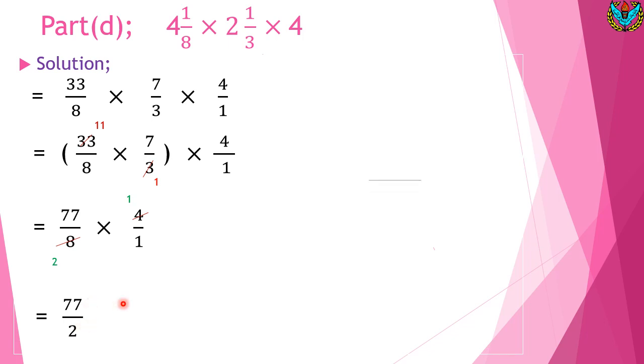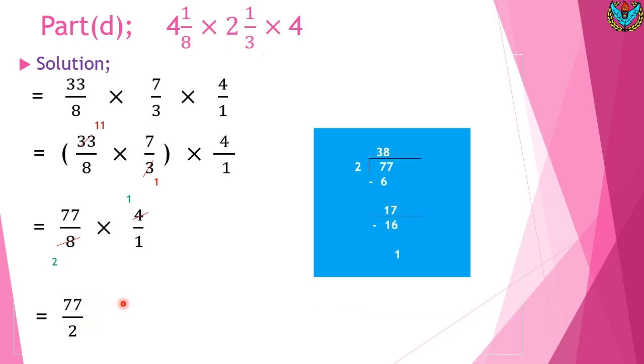We can change this into a mixed number using division. 2 times 3 is 6. 7 minus 6 is 1. Shift this 7 here. It is 17 now. 2 times 8 is 16. 17 minus 16, we get 1. Our required answer is 38 whole 1 by 2, which is in lowest terms.